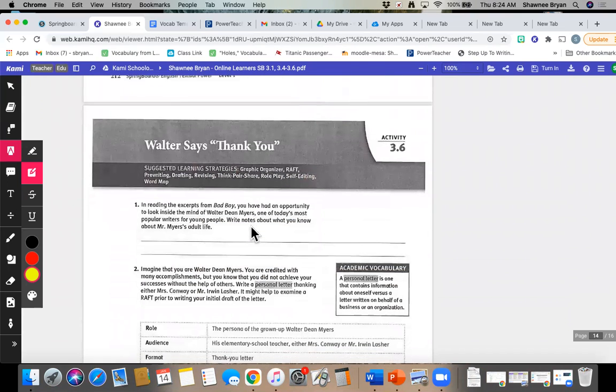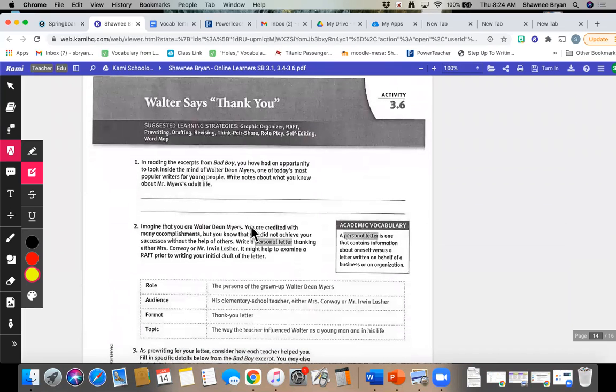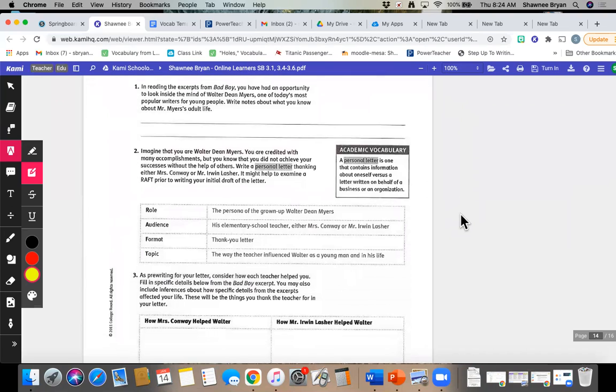Moving on to 3.6, which will be your Thursday activity. Again, continuing on with the overall story of Bad Boy. It says, in reading the excerpts from Bad Boy, you have had an opportunity to look inside the mind of Walter Dean Myers, one of today's most popular writers for young people.